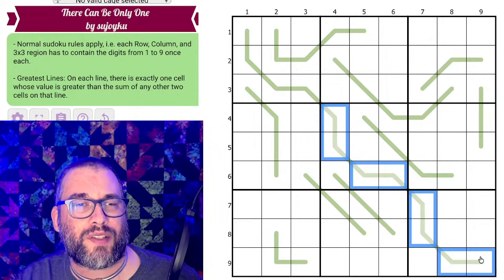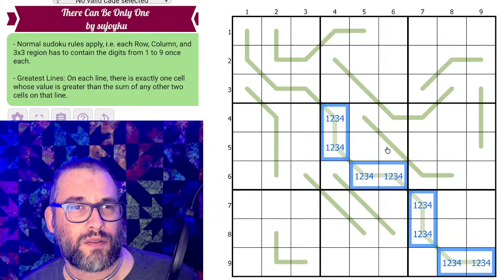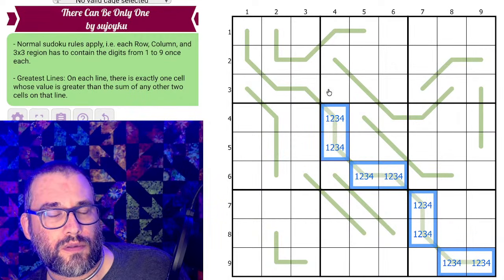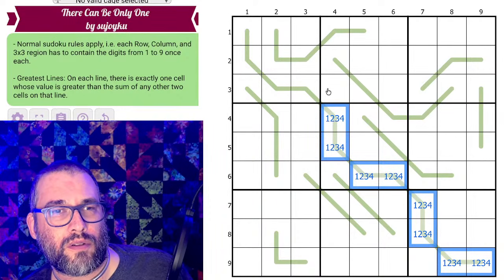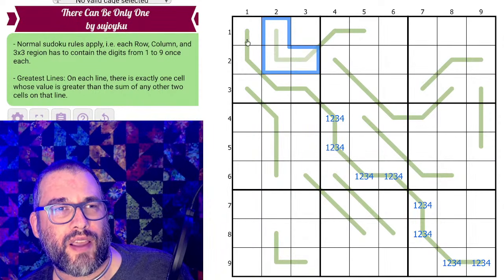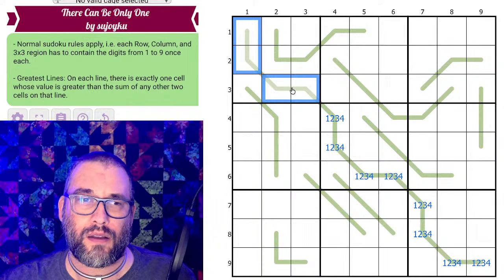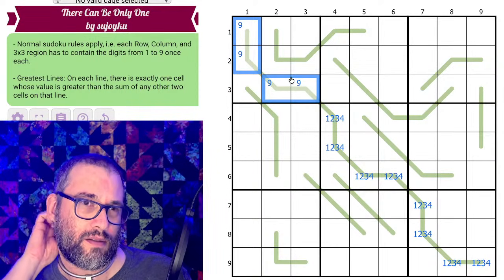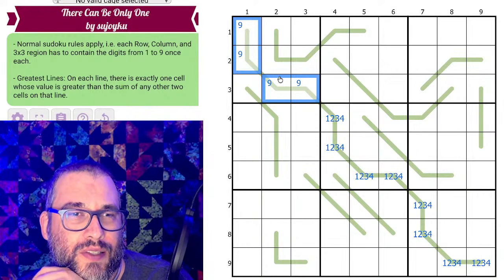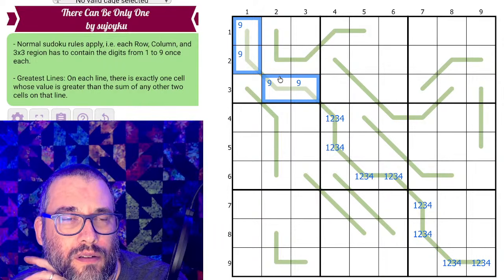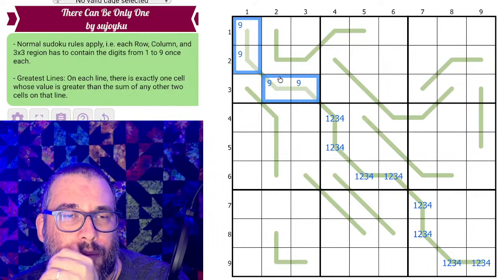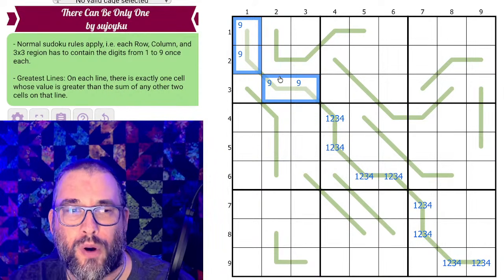So the entire rest of the line is 1, 2, 3, 4. So how do we make this not break? We know we've got a 9 on here. So this line is 9 and what? We know there's also a 4, right?